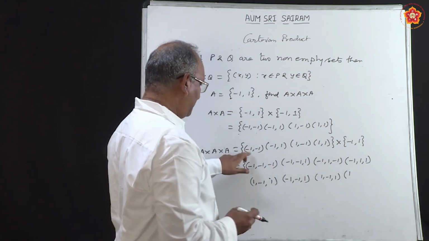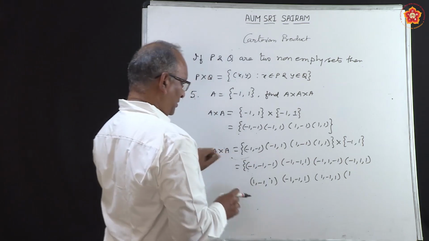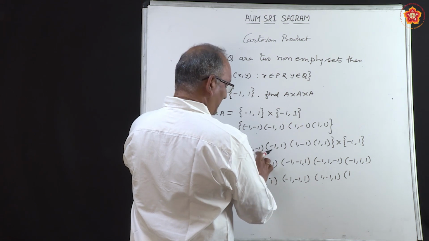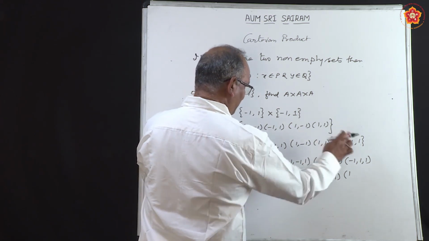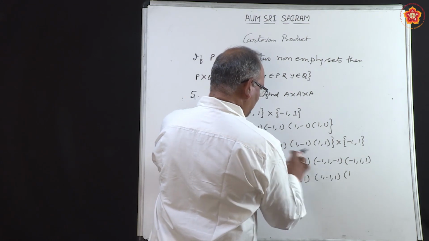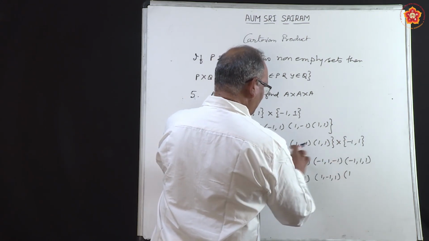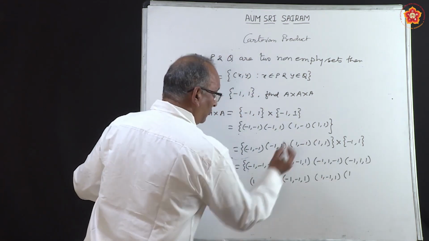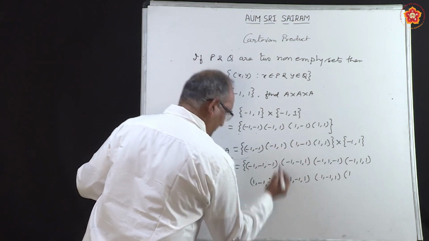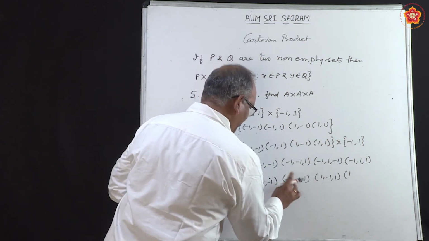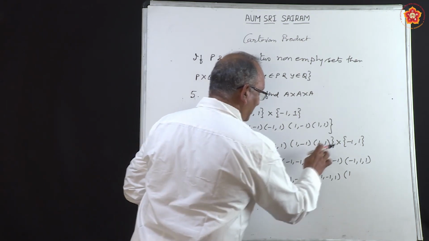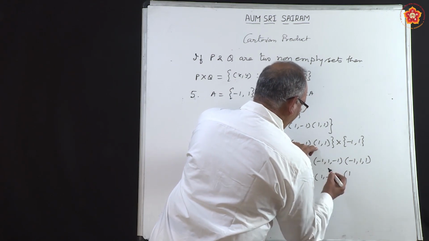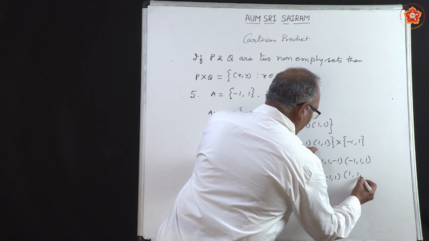Once we check, {-1, 1} with {-1, 1}: minus 1 with minus 1, minus 1 with 1. Okay, so this is done. Correct, and finally (1, 1, 1).